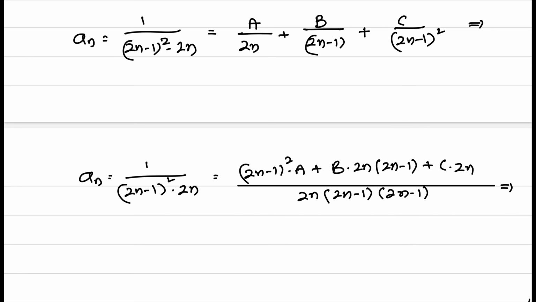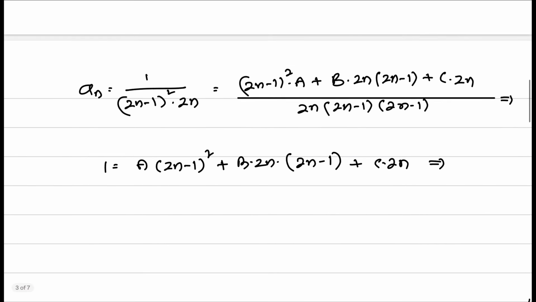That implies, by comparing the numerators, we will get 1 is equal to A into 2n minus 1 whole square plus B into 2n into 2n minus 1 plus C into 2n.